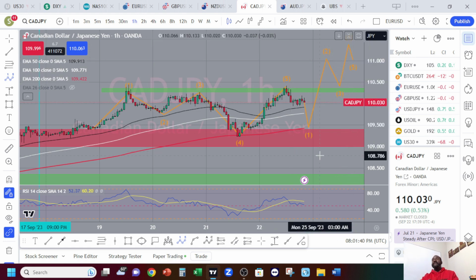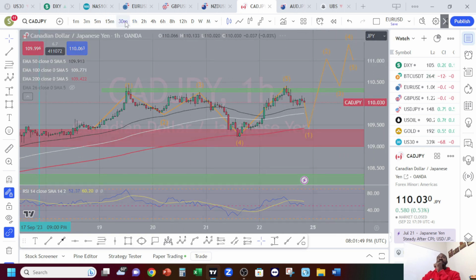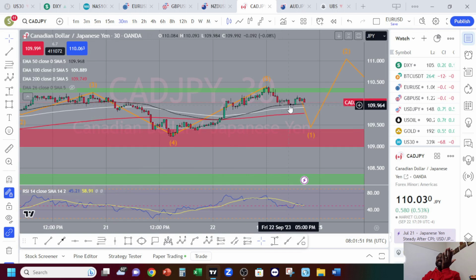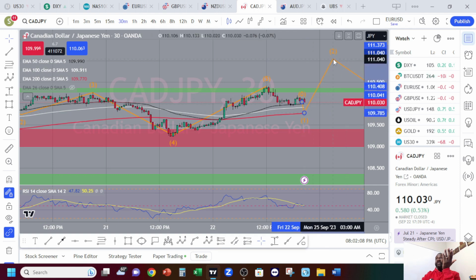So this is what we're looking at for next week for CAD JPY. Even the 30 minute tells us the same thing. You can see there are 3 EMAs, the 50, 100, and we have the 200 right here. But price might open here, as you can see, and not make it all the way down here. It might come back here before it goes up over here.